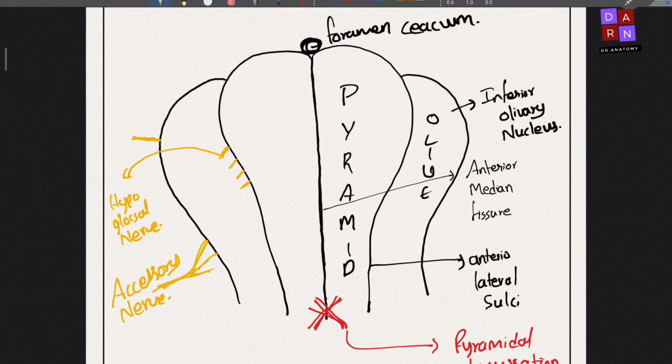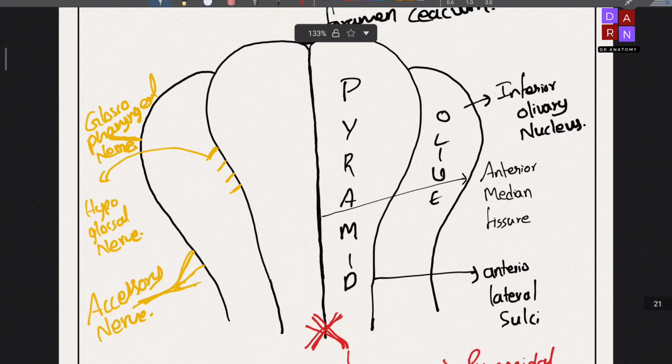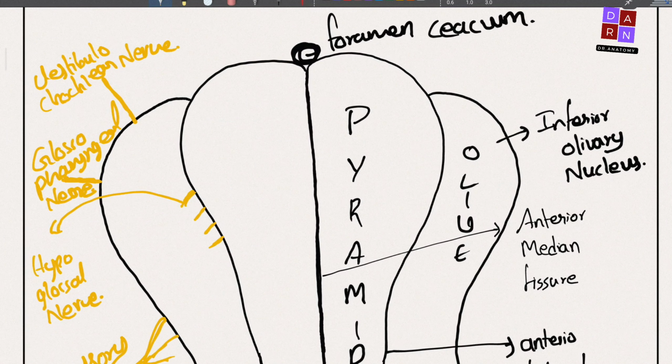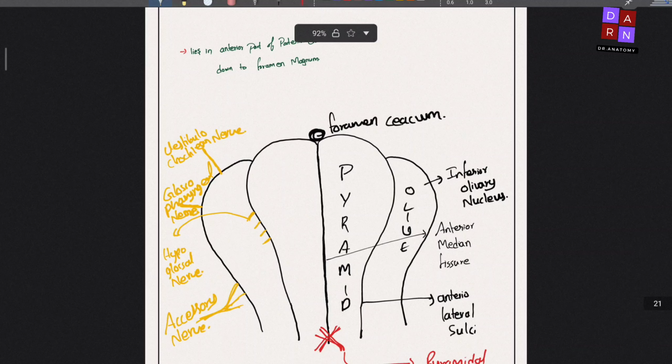The other nerve we see here is the glossopharyngeal nerve. Above that, we have the vestibulocochlear nerve. So here we have discussed everything about the medulla oblongata.